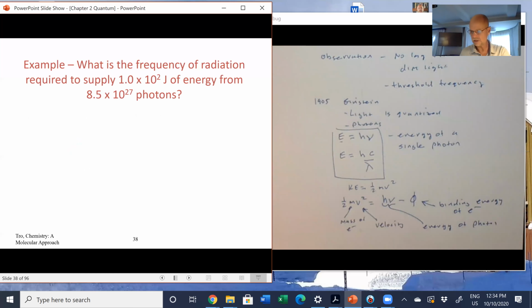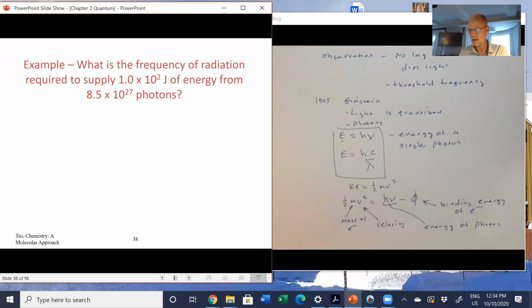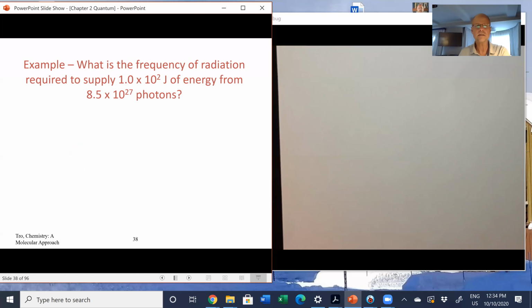All right, let's just do a couple of quick examples here. The first one would be: what is the frequency of radiation that is required to supply 1 times 10 to the 2 joules of energy from 8.5 times 10 to the 27 photons?